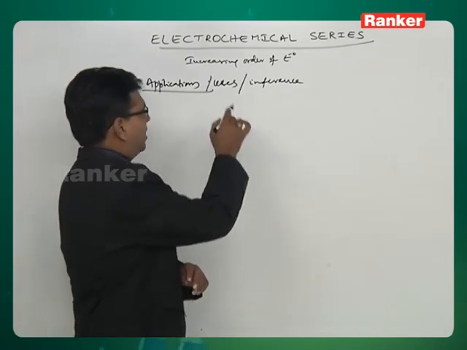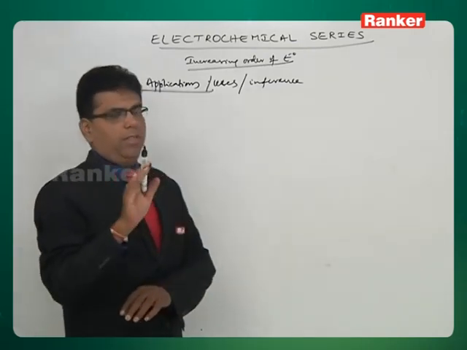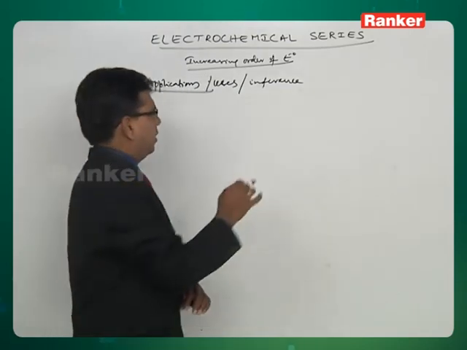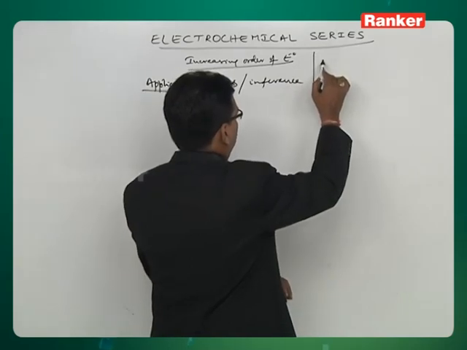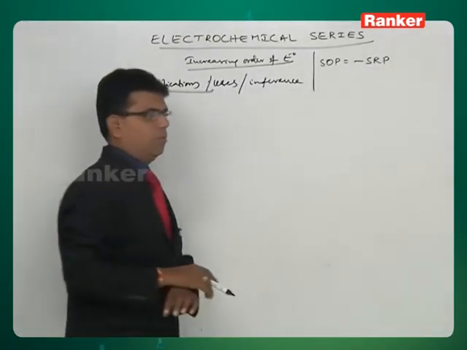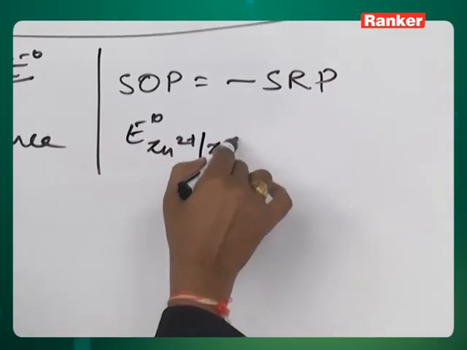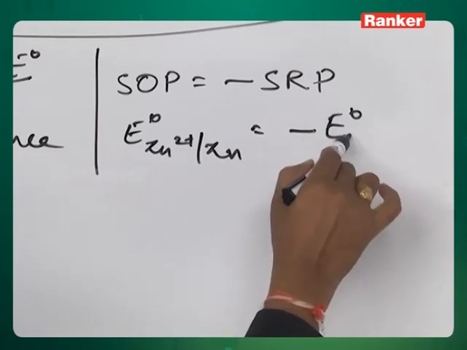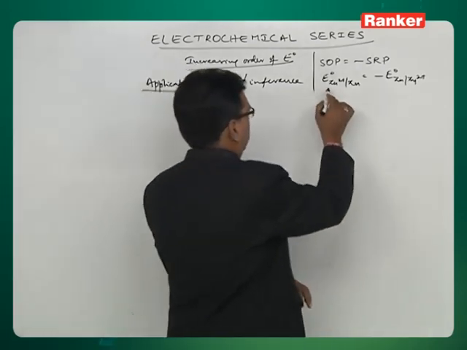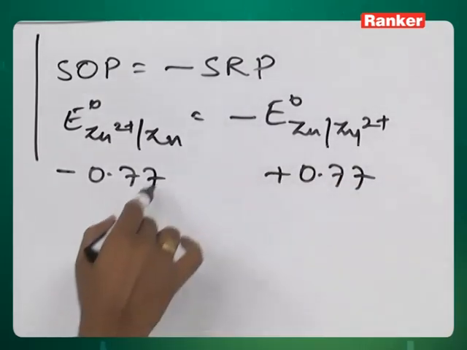When elements are arranged in increasing order of E naught values, remember always that it matters whether we are writing in increasing order of SRP or SOP. For any element, SOP is minus of SRP, that is always to remember, means E naught Zn2 plus/Zn will be equal to minus of E naught Zn/Zn2 plus. This value is minus 0.77, this value is plus 0.77 volts.